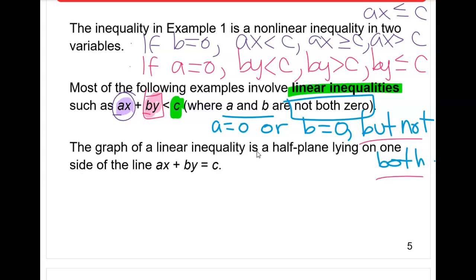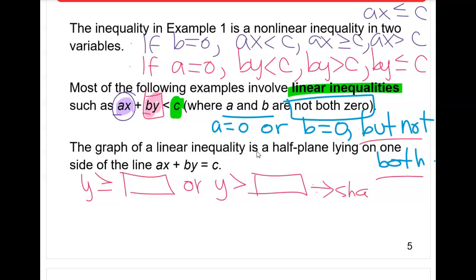If we have y greater than or equal to something, or y greater than something, we will be shading above the line.